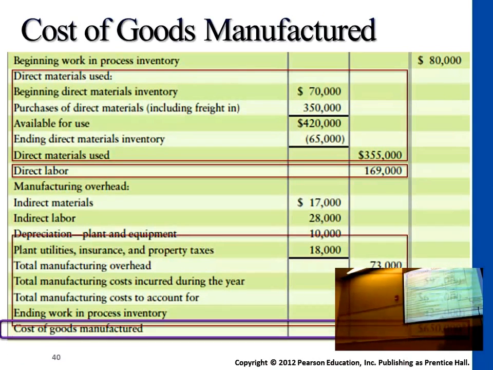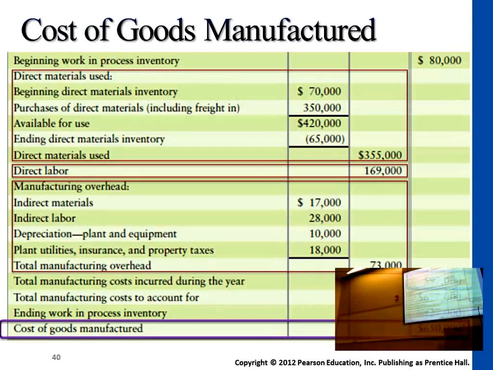Indirect costs include a lot of different categories. First of all, we have indirect materials. Remember, from the cake, the decoration and the labels are minor costs compared to the major ones. Then indirect labor, like janitors' wages and plant managers' wages, which cannot be directly traced to one product: $28,000. We also have depreciation expense on machines that help us produce the products: $10,000.